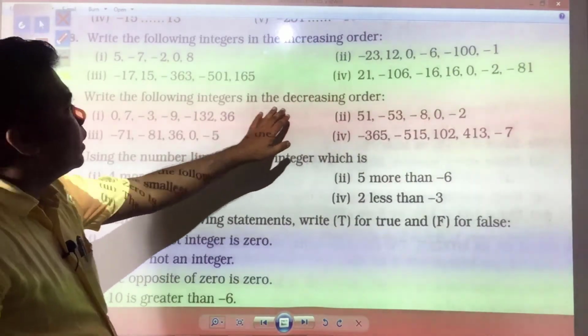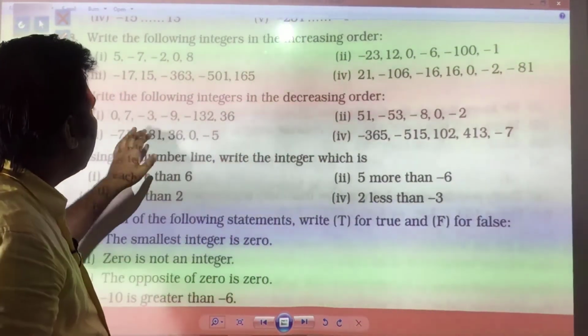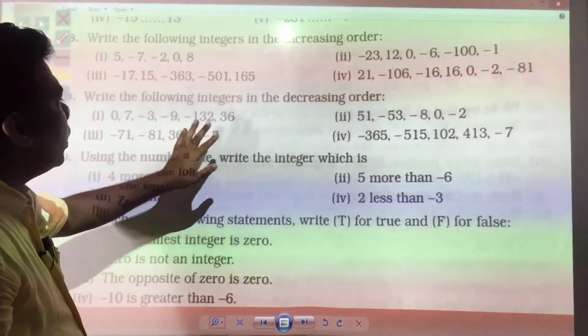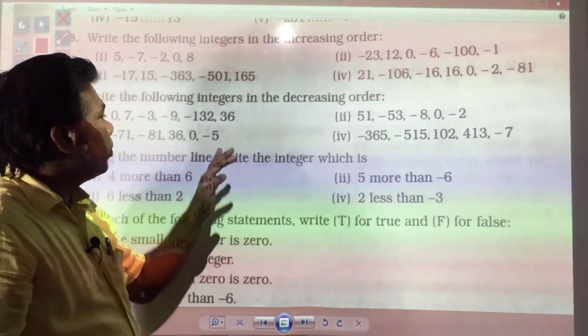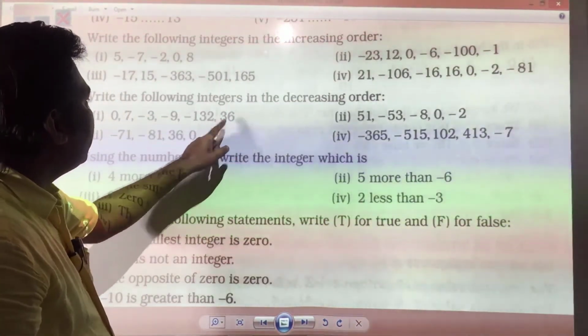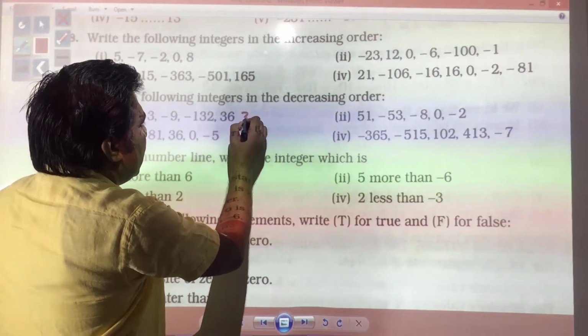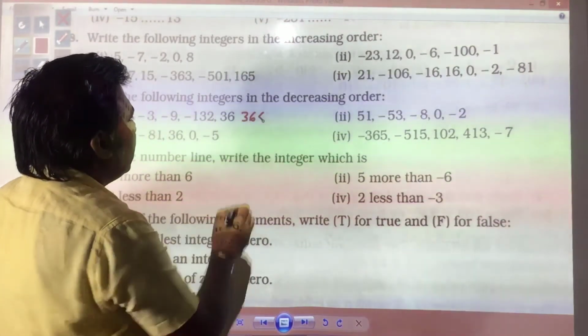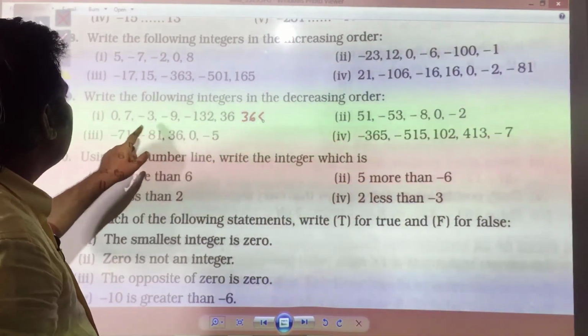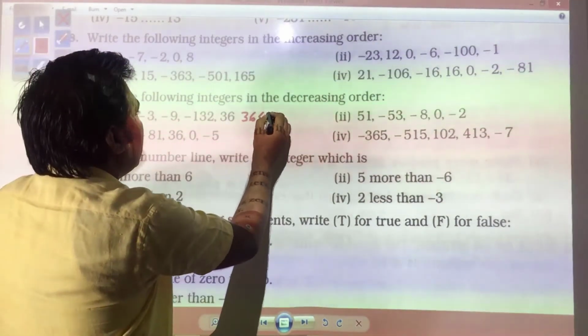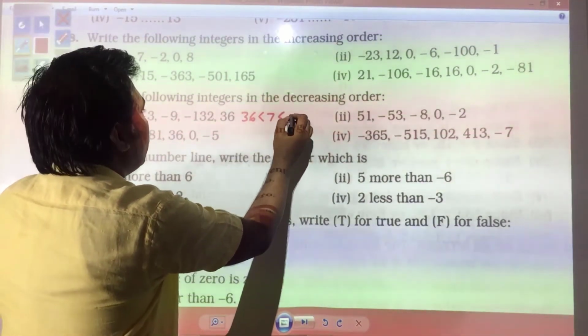Write the following integers in decreasing order. Just opposite to that, in decreasing order you need to write down. So, first you see positive numbers. In positive, which one is greater? 36 is greater. After 36, positive number you have 7. Then you have 0.